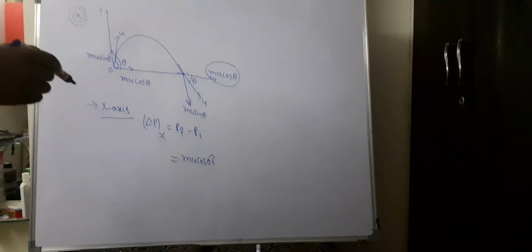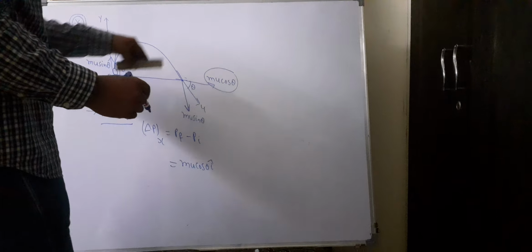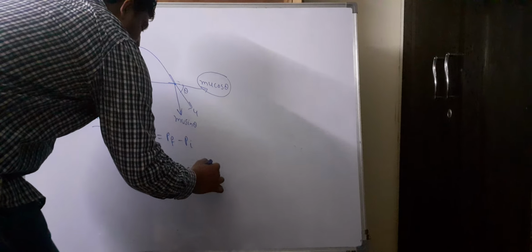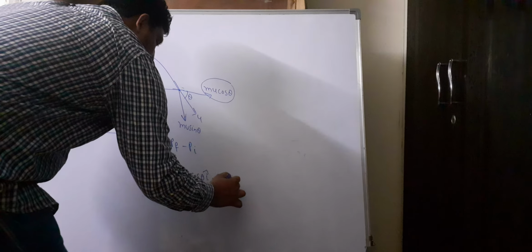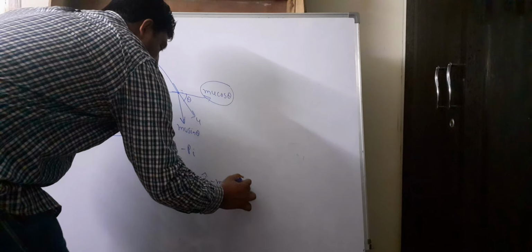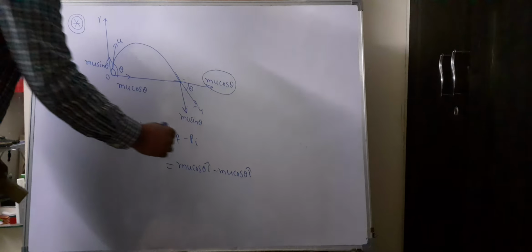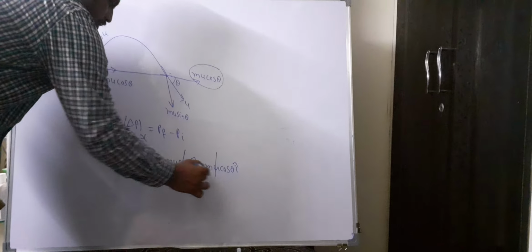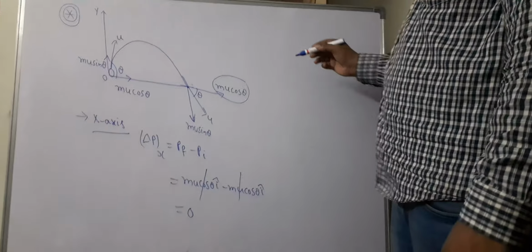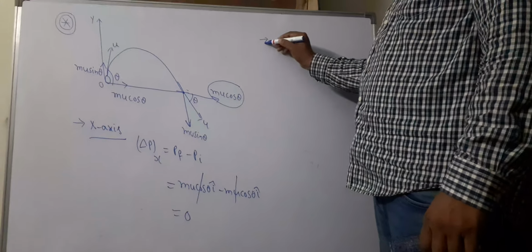Momentum is a vector, so the unit vector is i cap. The initial momentum is also mu cos theta along the x-axis, i cap. Both cancel. Simply, in the case of a projectile, the change in momentum along the x-axis is 0.